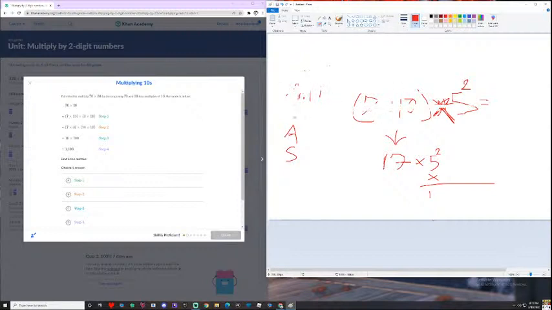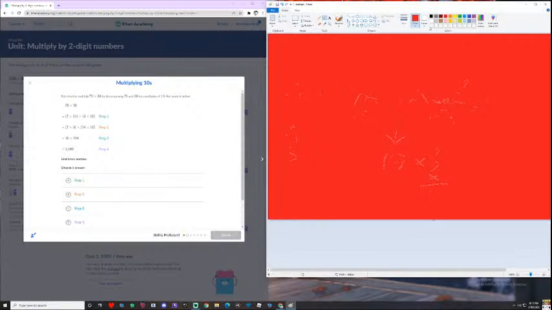Let's just erase this and let's get right into the question after teaching you what PEMDAS is. Okay, we don't need all this space. Let me just make this bigger.